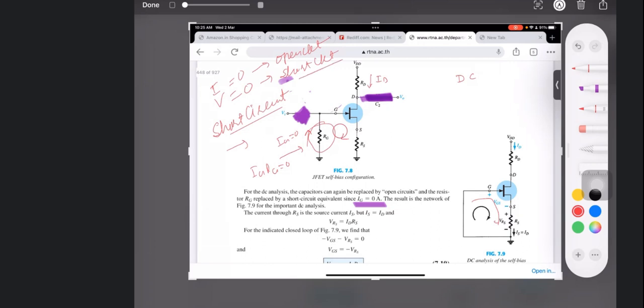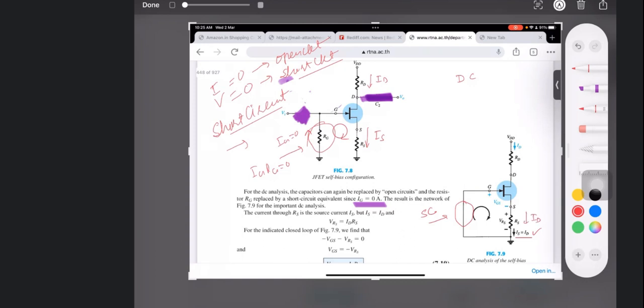So now this is like this. So this is short circuit. Fine. So what we are left with is this only. So if I take this loop, this is quite simple. Here current is flowing IS. Okay. IS we know it is equal to ID.